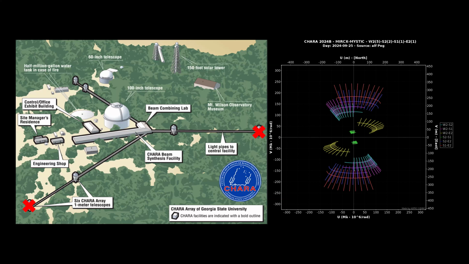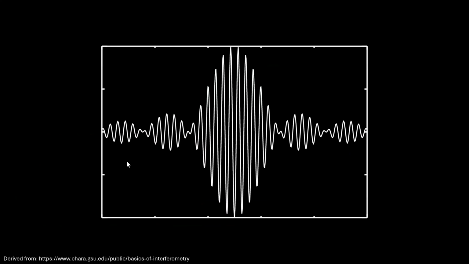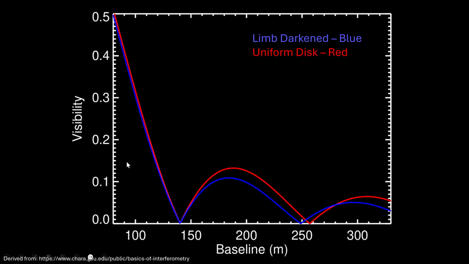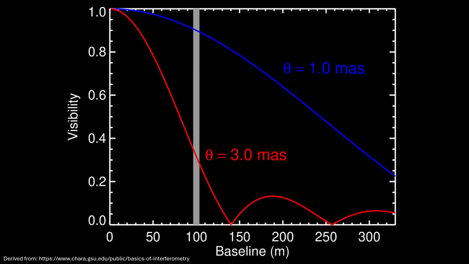Okay, so when you're analyzing this data, are you mostly looking at baseline pairs one at a time? Aside from closure phases, you look at your visibilities.